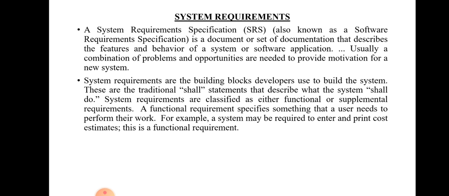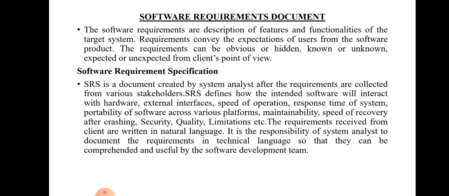The system requirements are the building blocks used by developers, engineers, or analysts to build the particular system. They give a detailed description of the system functions, features, or operations to be handled by the particular system.